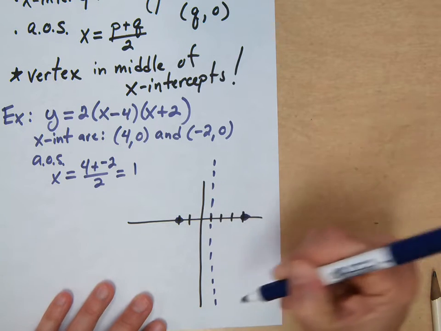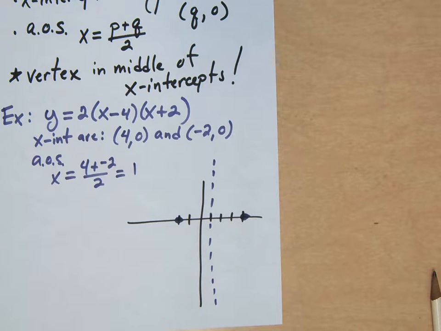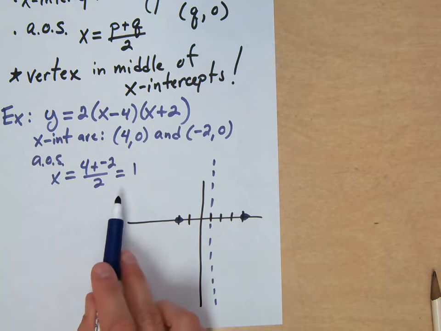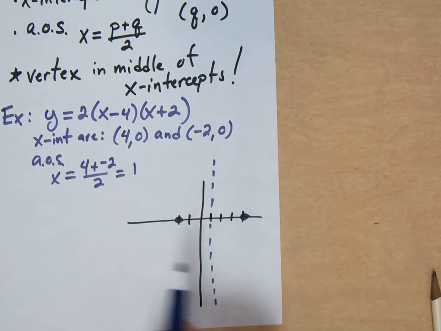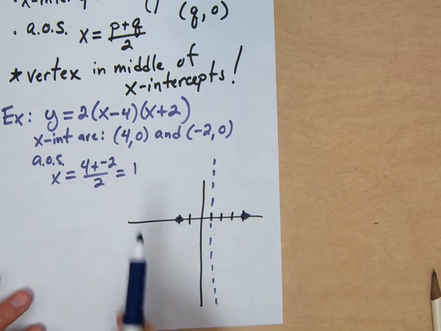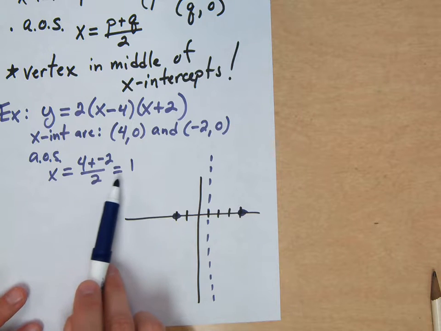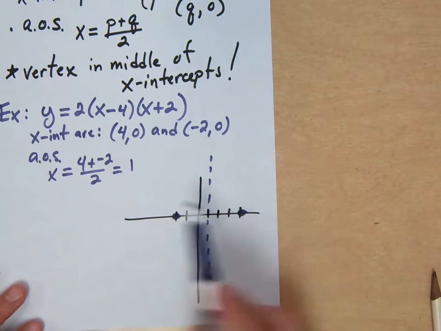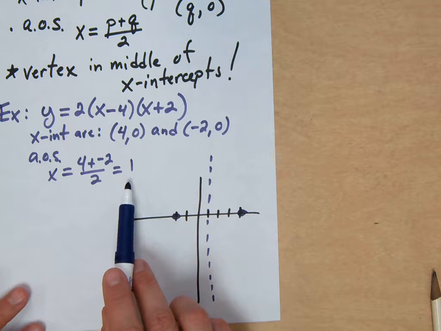So at 1, this goes right through the middle. So we know the x coordinate of the vertex. How do we find the y coordinate? Plug in x equals 1. Yeah. So we're going to plug in x equals 1 into the equation to find the y coordinate of the vertex. The x coordinate is 1, so we want the y coordinate.